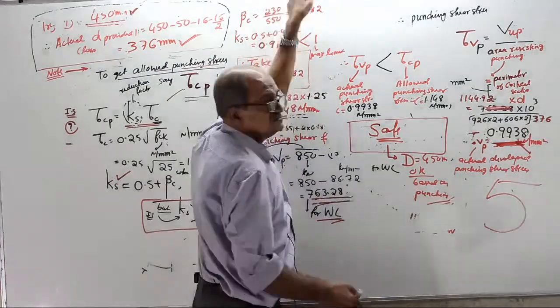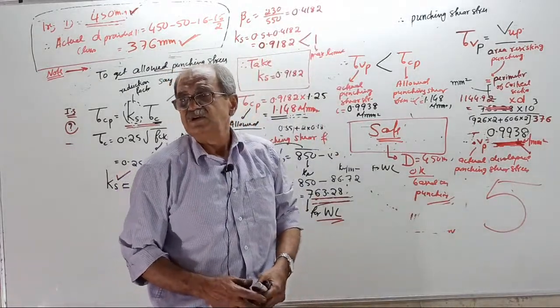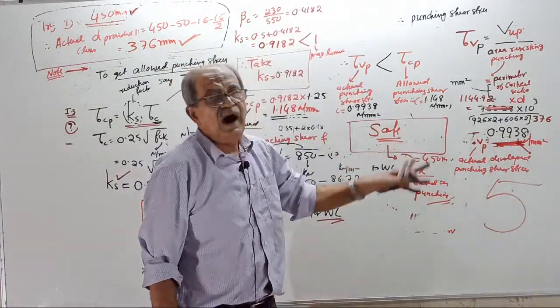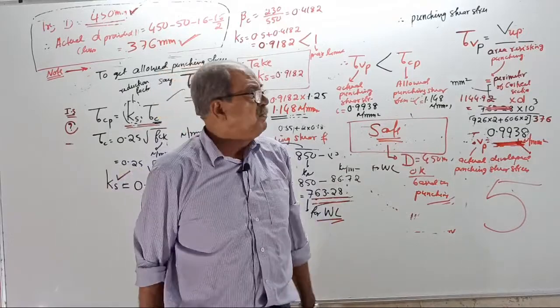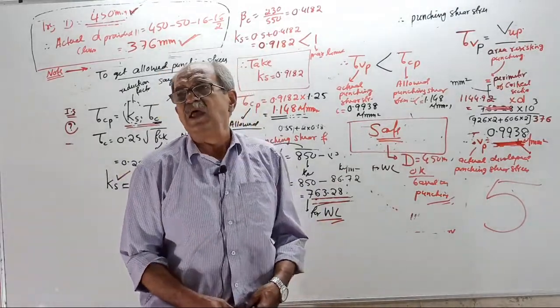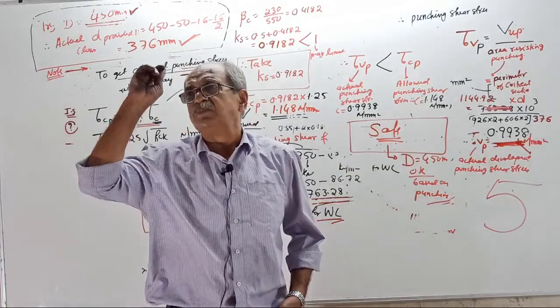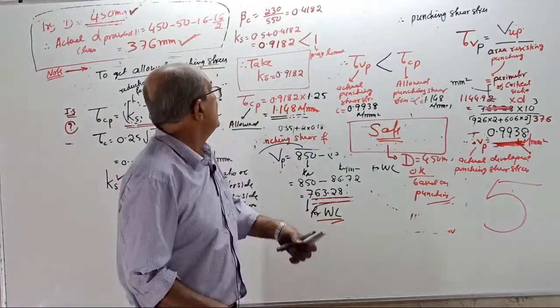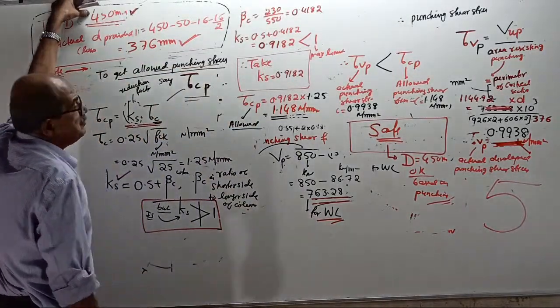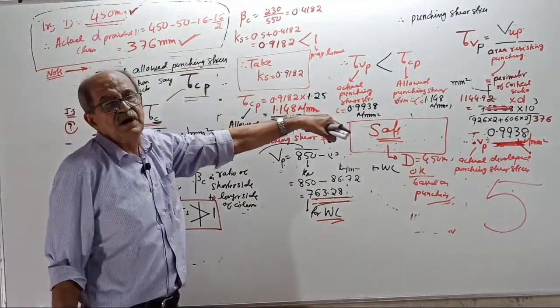Okay. Now, make a special note. If unsafe, what to do? By chance, imagine I actually wanted unsafe. If I knew it was going to come safe, I would have taken a depth of only 400. I made a mistake. I should have taken a depth of only 400 so that it will come unsafe.